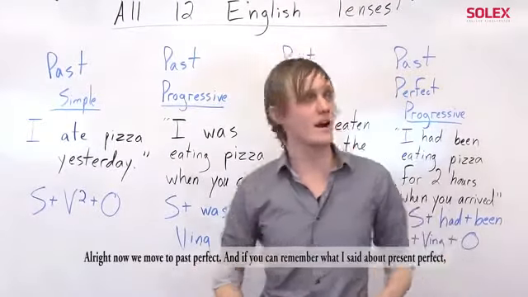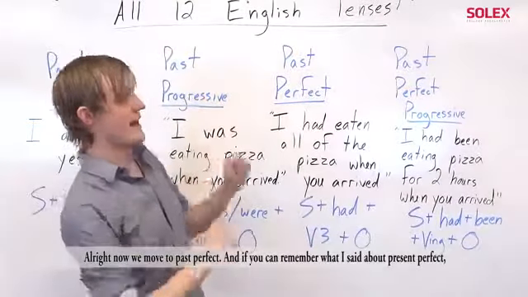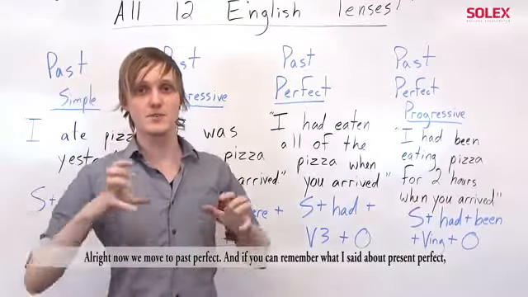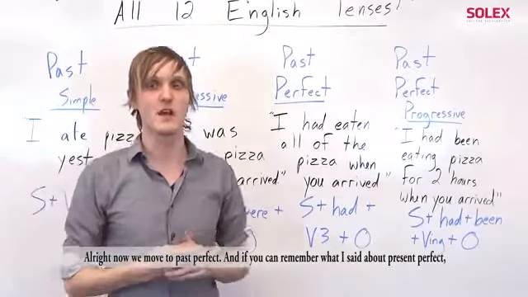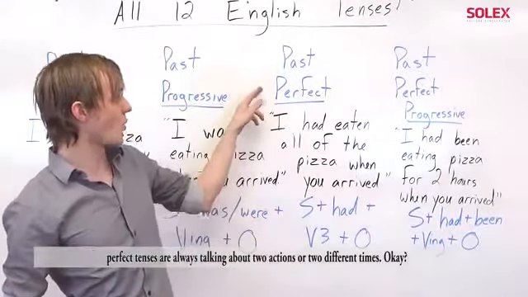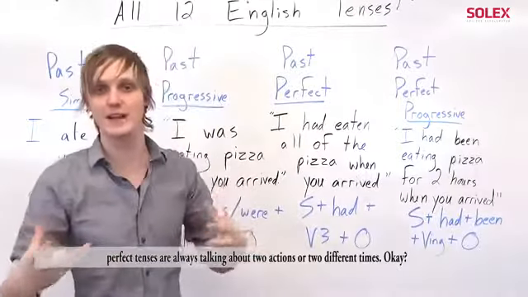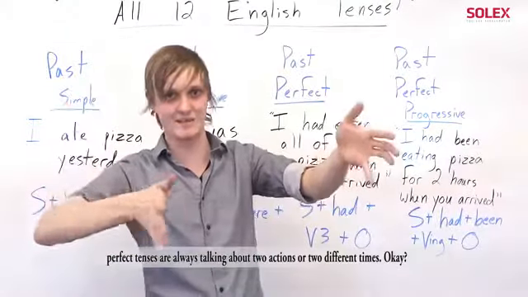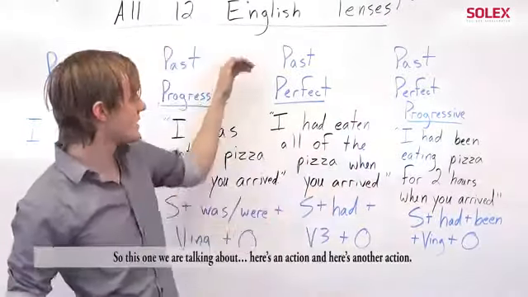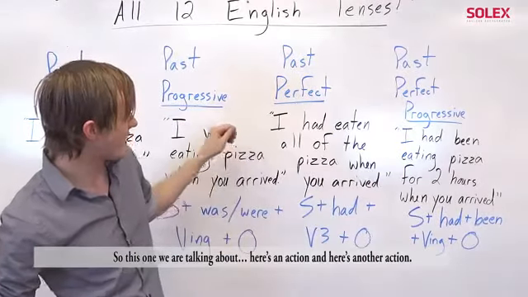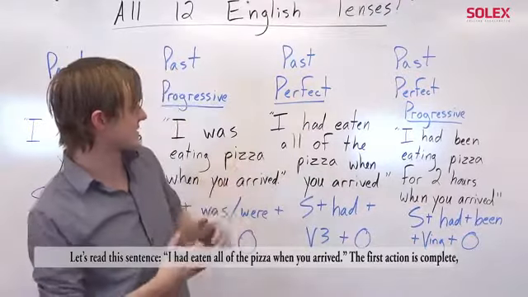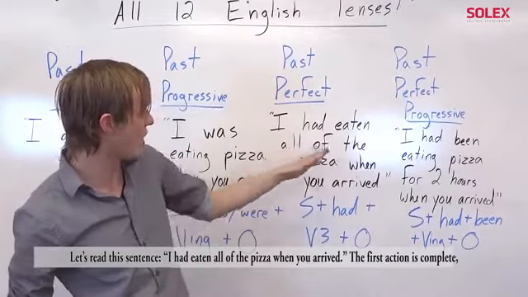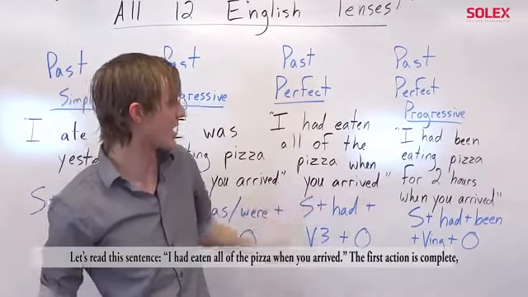Cool? Alright, now we move to past perfect. And if you can remember what I said about present perfect, perfect tenses are always talking about two actions or two different times, okay? So this one we are talking about, here's an action and here's another action. Let's read the sentence. I had eaten all of the pizza when you arrived.